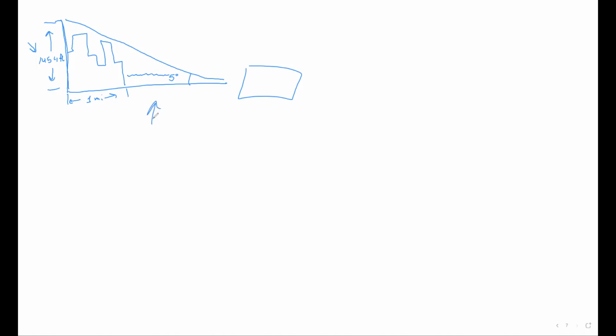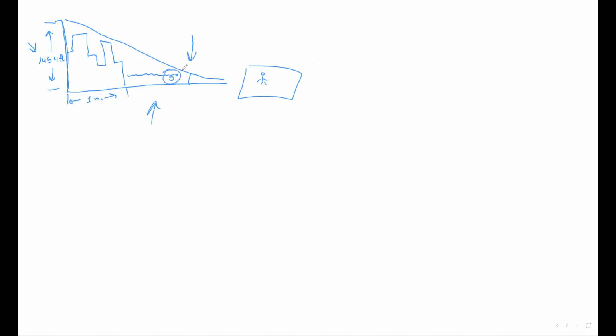And then it says an observer in some form of boat on the lake directly in front of the tower looks at the top of the tower and measures the angle of elevation. So this person sitting on the boat measures this angle of 5 degrees.